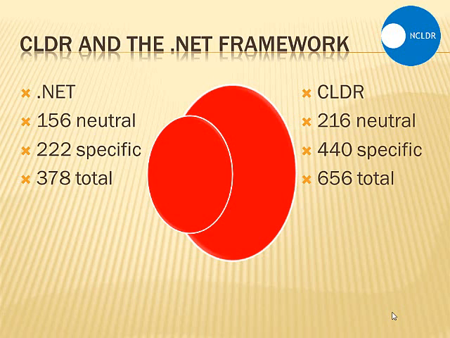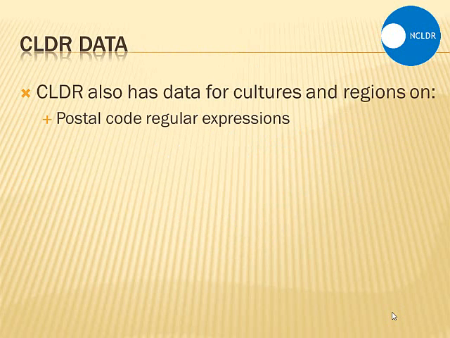So one of the benefits that NCLDR provides is that it exposes the CLDR data to the .NET framework, adding a significant number of new cultures to the .NET framework. In addition to that, CLDR has data for which there is no corresponding data in the .NET framework.